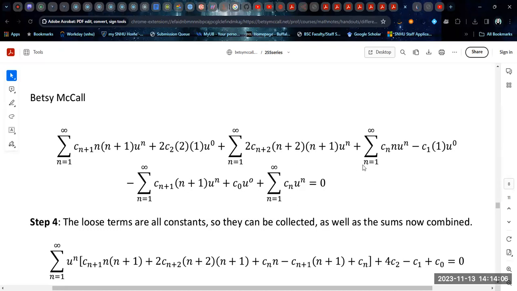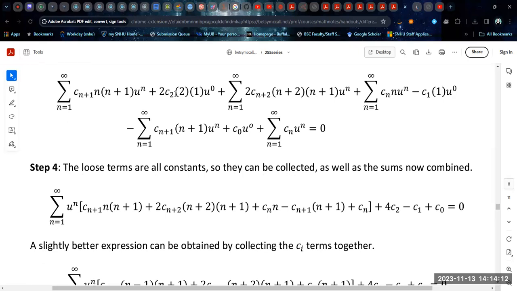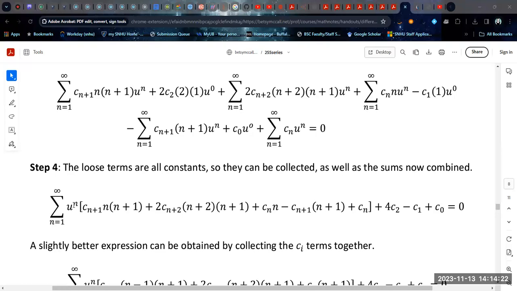Once all of our indices start at the same place, we collect our constants. And so this guy and this guy all end up out here. And then all the summations get added together with the u to the n factored out. And we get this whole mess of crazy.